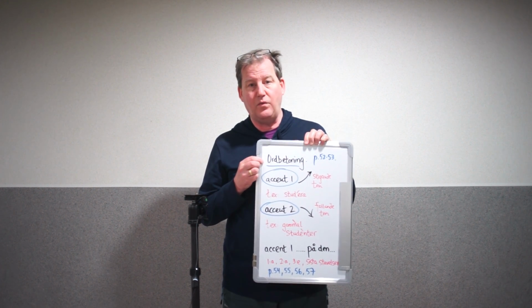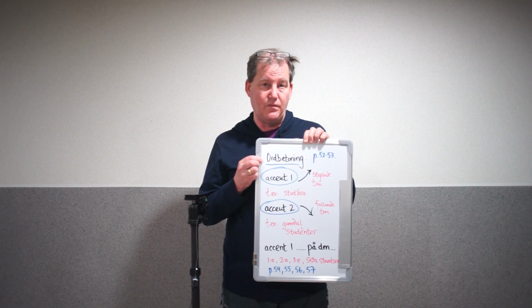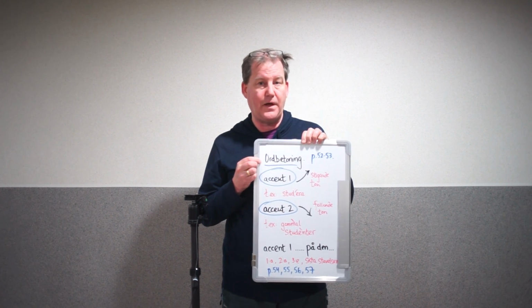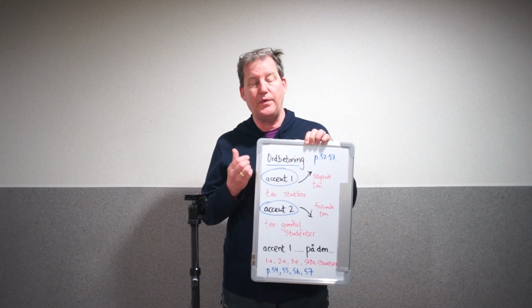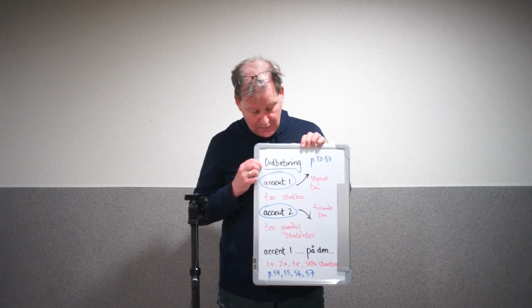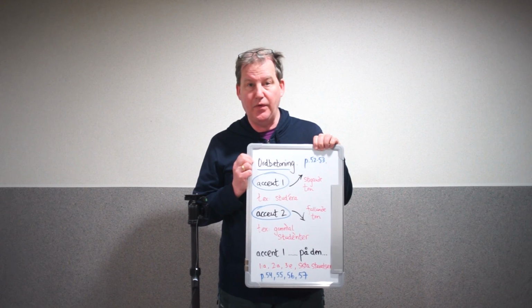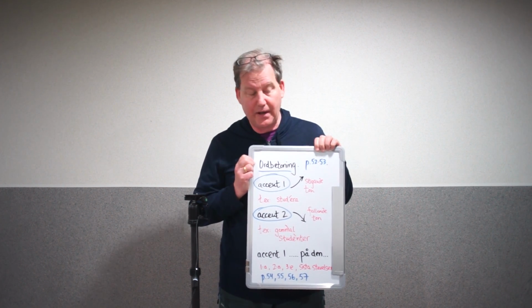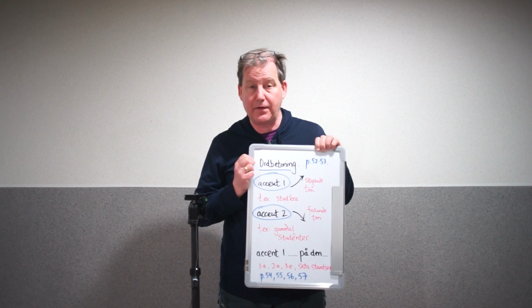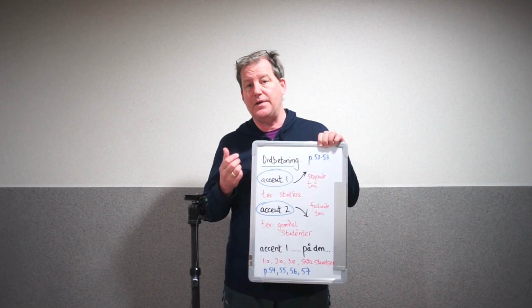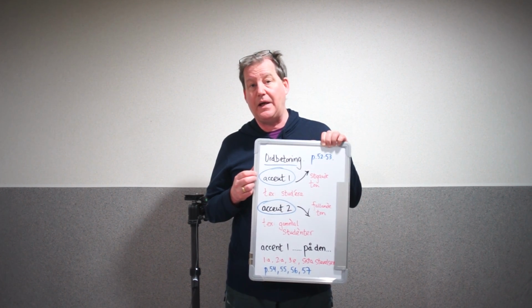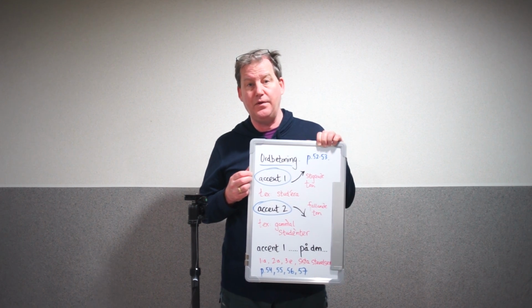Where in that word, consisting of maybe 1, 2, 3, 4, 5 different syllables, where do you put the stress? Ordbetoning. And in the textbook, Uttalsboken, I'm now on page 52-53. And there is a discussion there about accent 1 and accent 2.